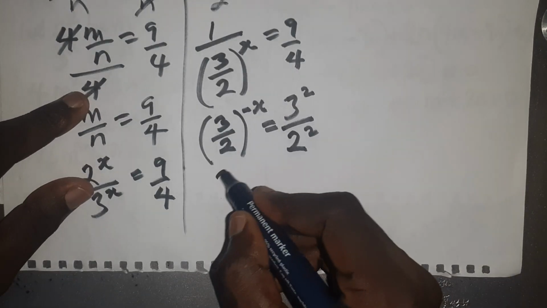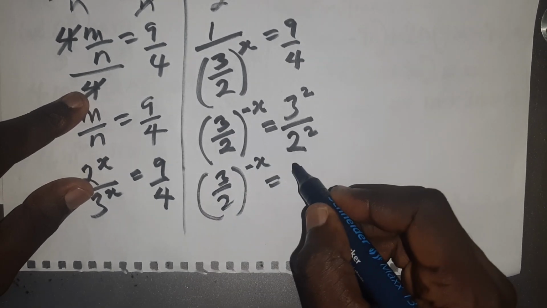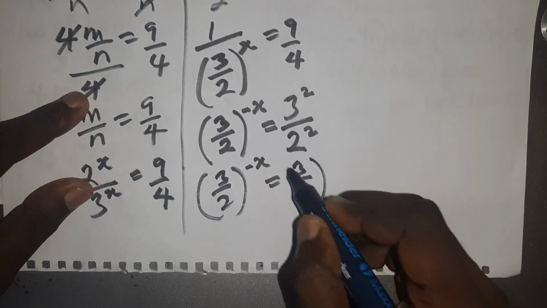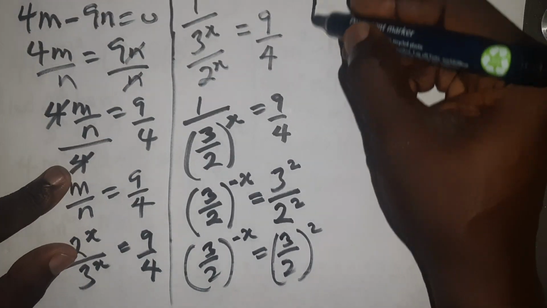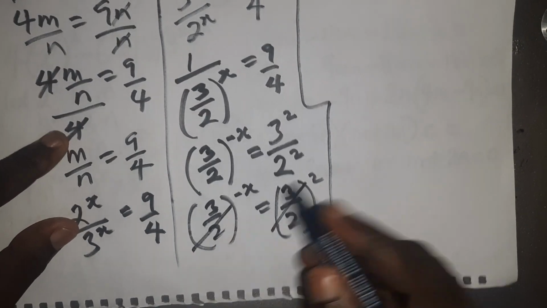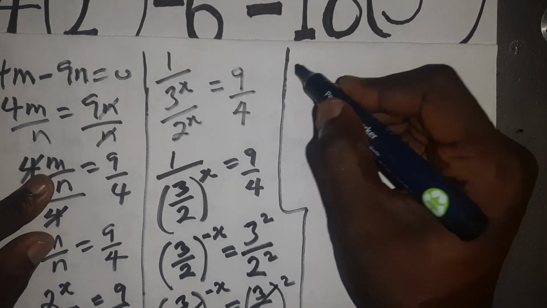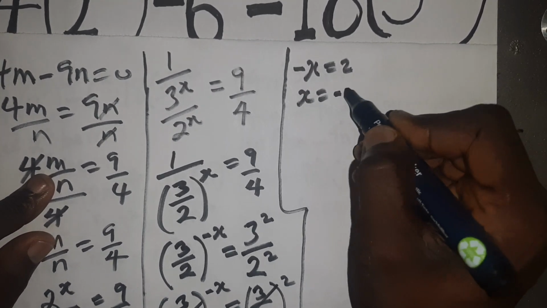So we can now have it as 3 over 2 all raised to the power minus x equals 3 over 2 raised to the power 2, because the power is common to both of them. Then bases can now cancel. Then you now have minus x equals 2, thereby having x equals minus 2.